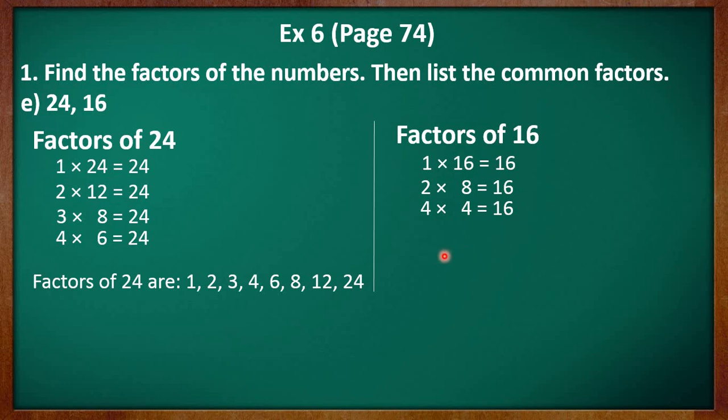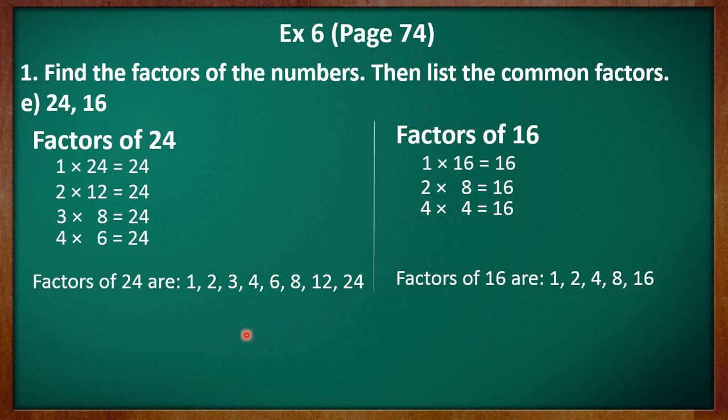So 5 is not a factor of 16. Kids, when you check by 6 and 7, you will find that both the numbers are not the factors of 16. And then 8 is a factor, right? So we will stop here. And you will write the factors of 16 as 1, 2, 4, 8 and 16.